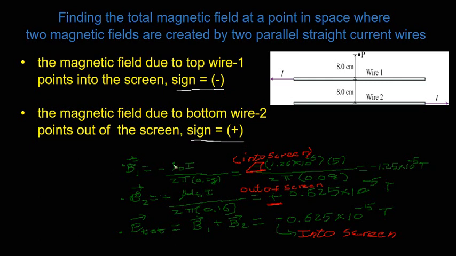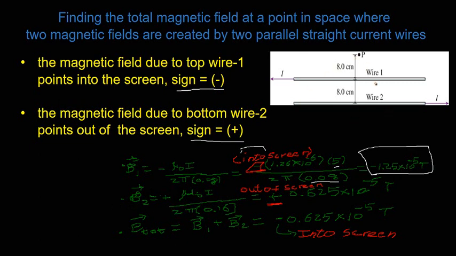We can calculate using the formula for a straight wire, and it comes up with a negative sign here because it's into the screen. The formula is mu0 I over 2 pi R, current is given to be 5 amperes, and the distance is 0.08. That's what we noted earlier. So the field due to the top wire at point P comes out to be negative 1.25 times 10 to the minus 5 Tesla.